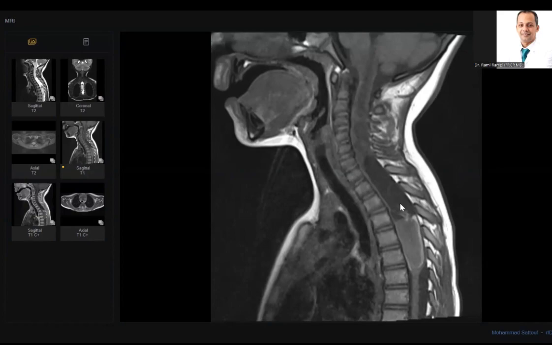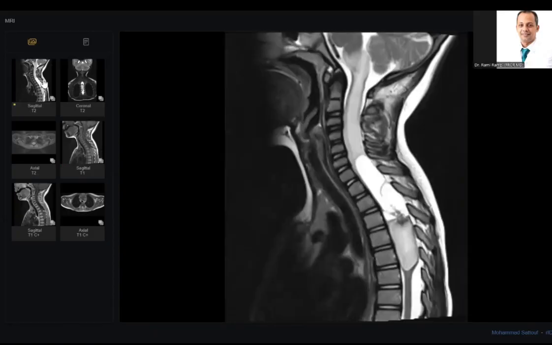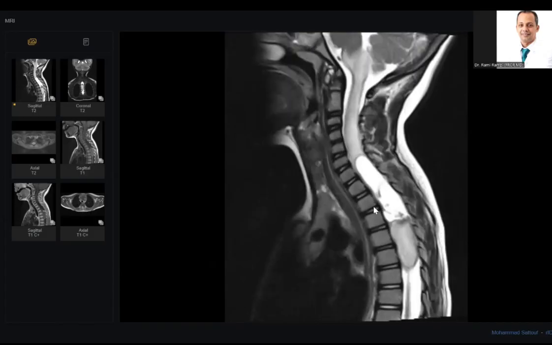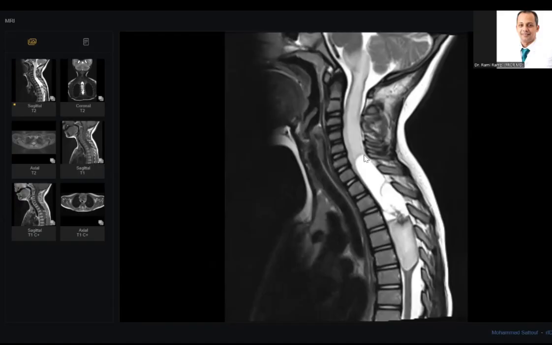What is the explanation of the upper segment? If this is a lesion with a cystic component and a fat component in the lower part, what explains the upper segment? It looks like an intramedullary lesion. You mean this part, the upper cervical cord? No, this is edema.